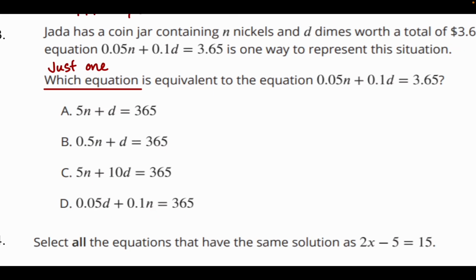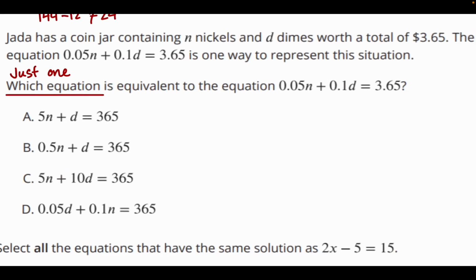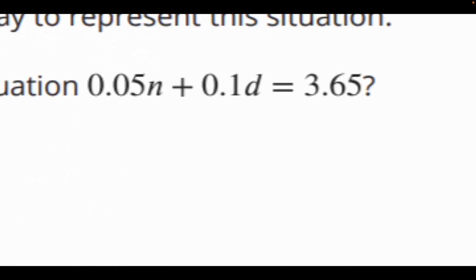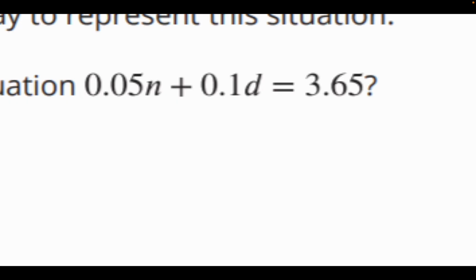So I have a bunch of decimals, and when we're using decimals, one of the things that I would do at least is try to get rid of all of them. So let's zoom in here on what we've got. In order to move my decimal and make this a whole number, I would have to move this twice on my 0.05.